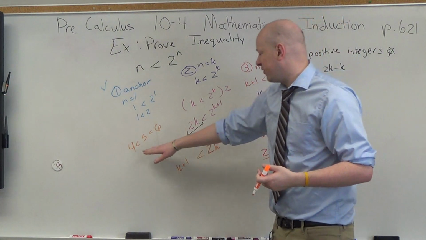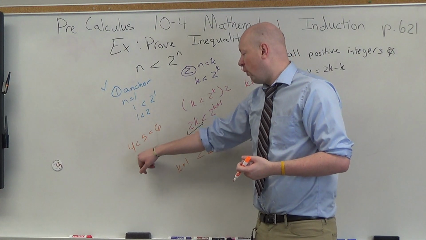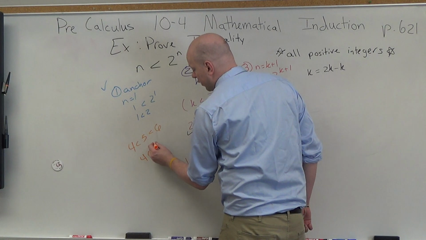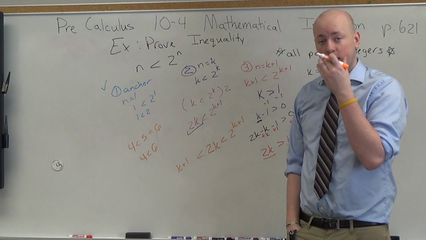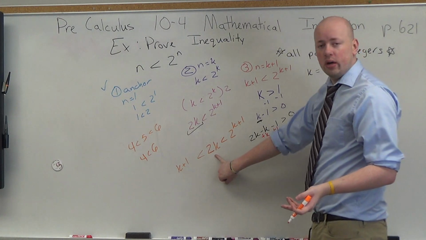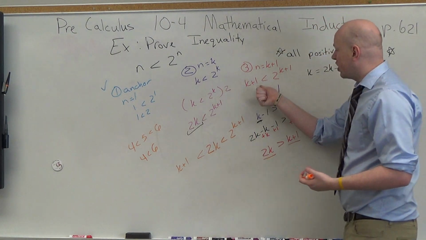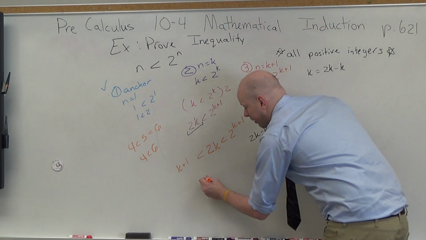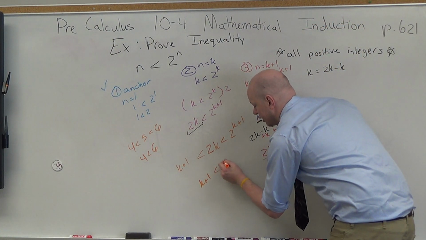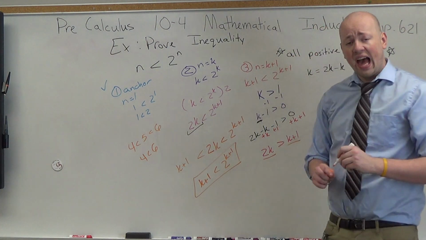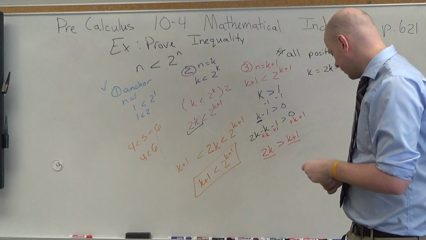No, if 4 is less than 5 and 5 is less than 6, 4 has to be less than 6. So I can just jump right to 4 is less than 6, right? That holds. So do I really need this little 2k part anymore? Because all I need to show is this. So I don't actually need my 2k anymore. So k plus 1 has to be less than 2 to the power of k plus 1. So that would prove that inequality.